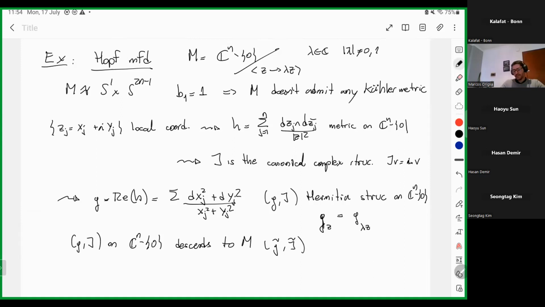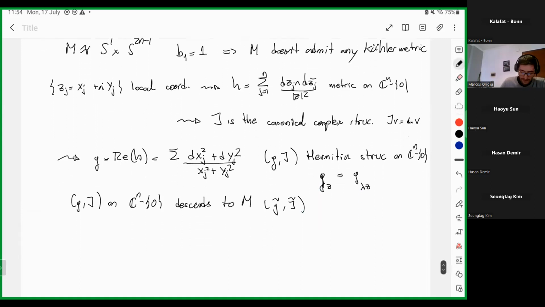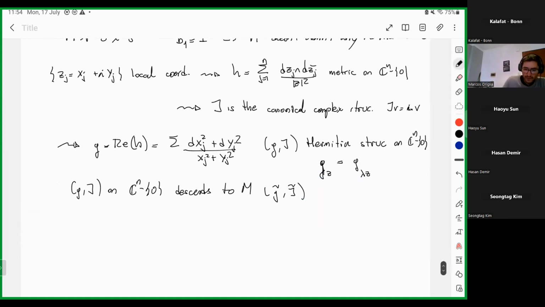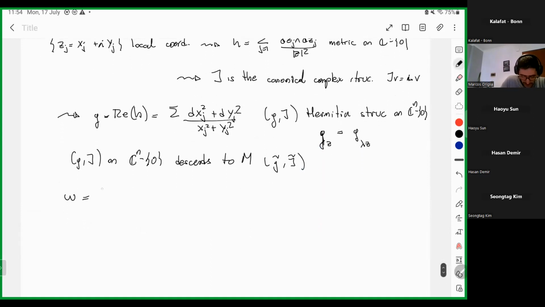So that's the induced Hermitian structure on M, on the quotient. And with the metric and the complex structure, we can define our fundamental two form, omega. The definition of omega, well, you already know it's just this one, right?